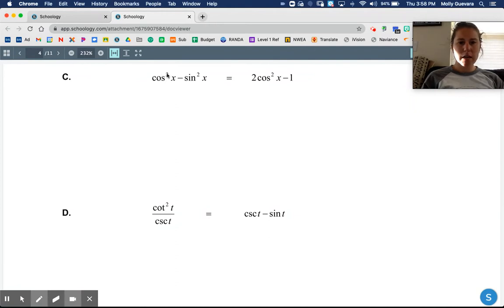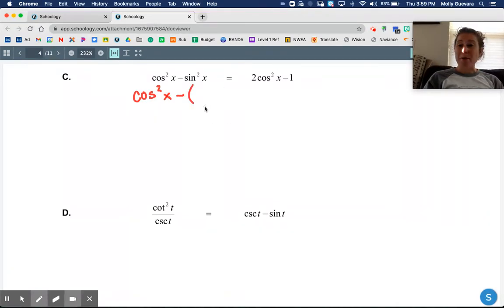Here I have cosine squared of x minus sine squared of x, and I want to show that this equals 2 cosine squared of x minus 1. So I really want to get rid of the sine, and I only want cosines. I'm going to leave this cosine squared because I'm okay with having cosines in the problem. I'm not okay with having sines because I want just cosine.